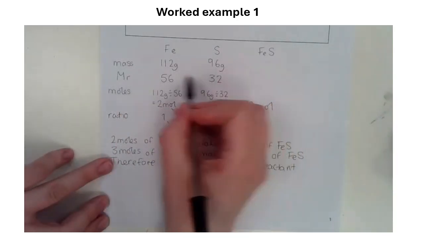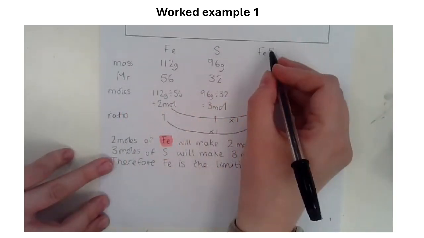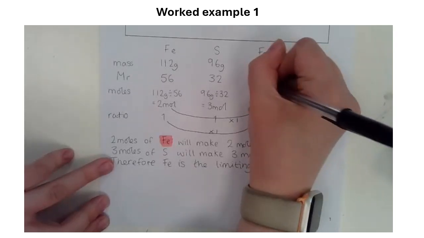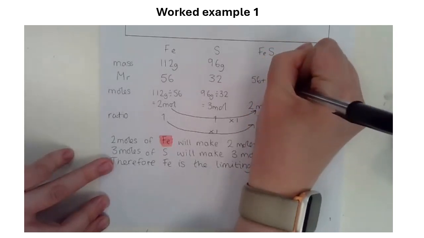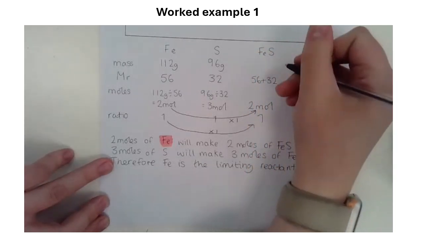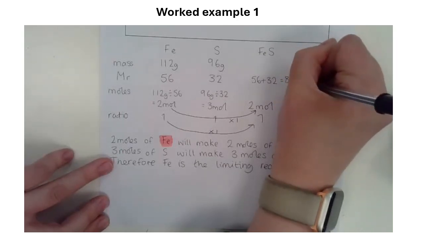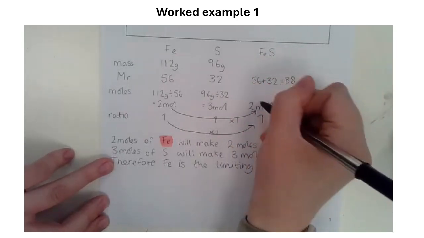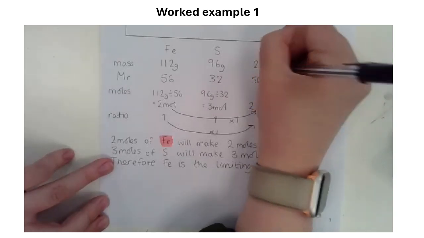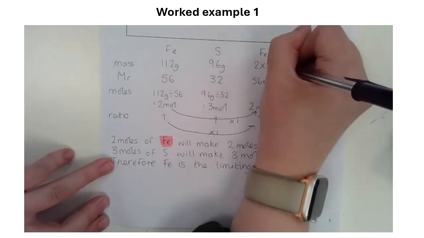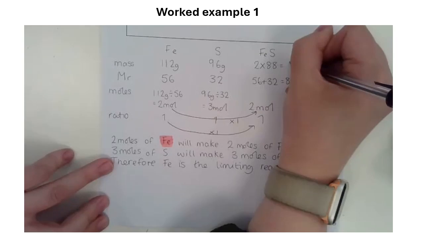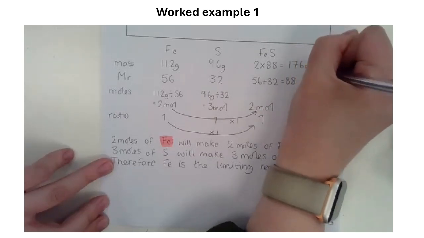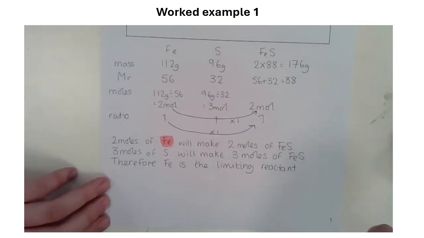I'm going to look at my relative formula mass, which is going to be 56 plus 32, for my iron and sulfur, which will give me 88 as my relative formula mass, and my final mass will then be my moles multiplied by the relative formula mass, which will give me 176 grams of iron sulfide.